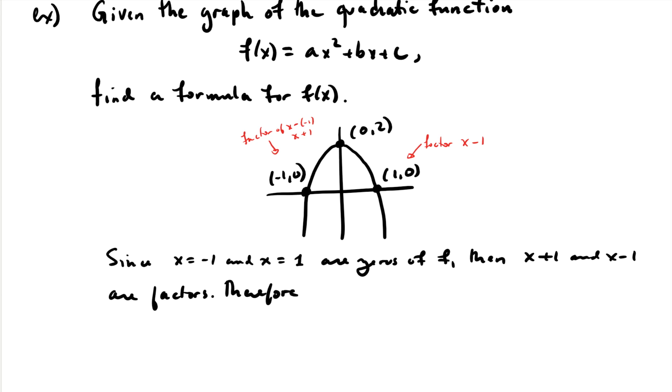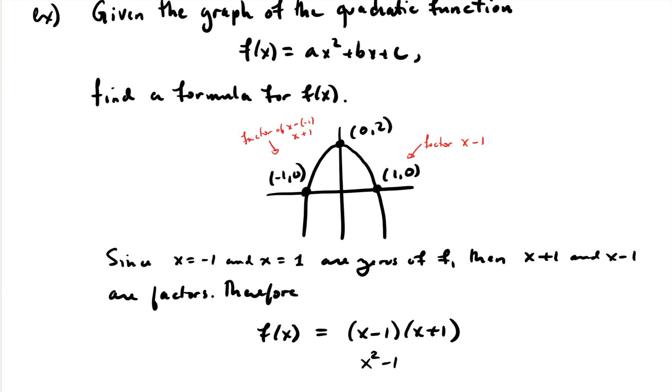So therefore, f of x. A quick and false answer would be to write, oh, x minus 1 times x plus 1 is the formula for this function because I've got all the factors. Hang on. The thing is, if we expand this, we're actually going to get a difference of squares. But many quadratic functions have those factors.